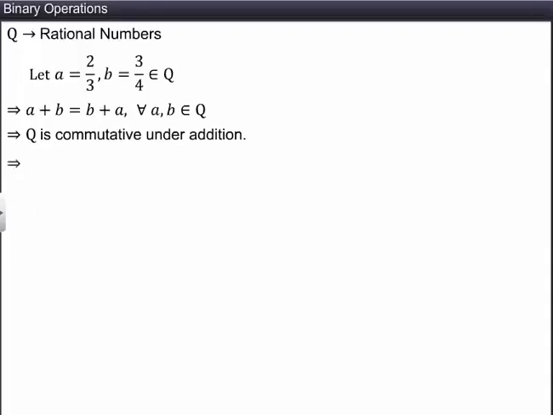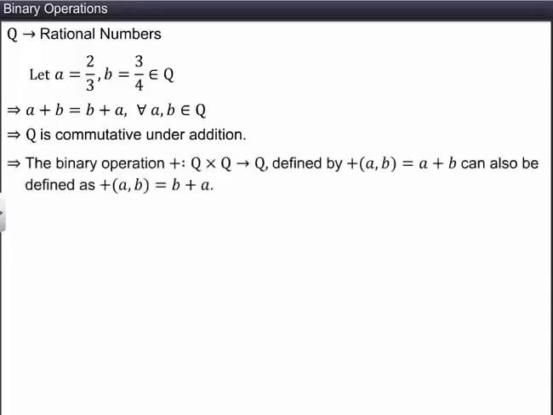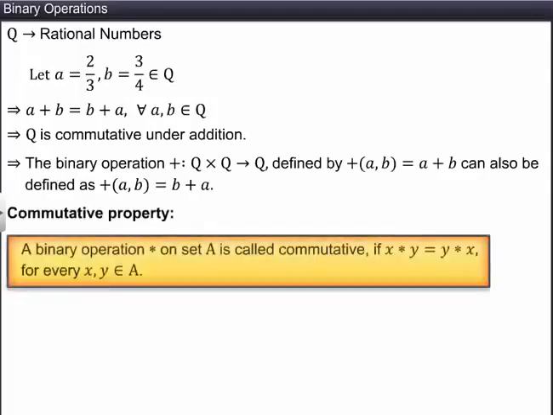Hence, the function addition from Q cross Q to Q, defined by plus of A comma B is equal to A plus B, is a binary operation. This discussion leads us to a definition. A binary operation star on set A is called commutative if x star y is equal to y star x for every x and y belonging to the set A.